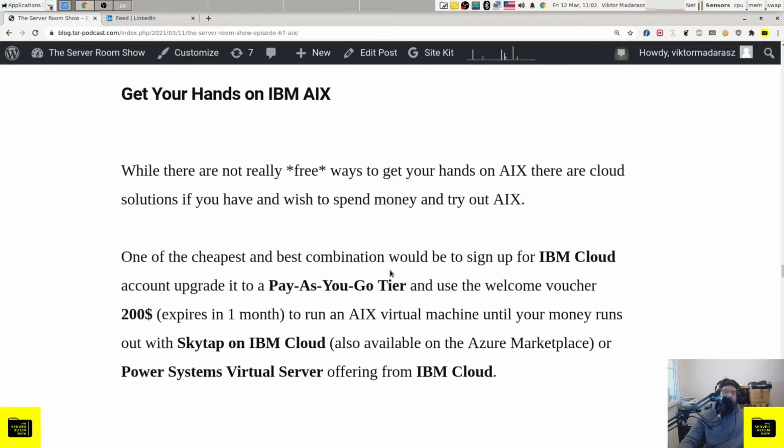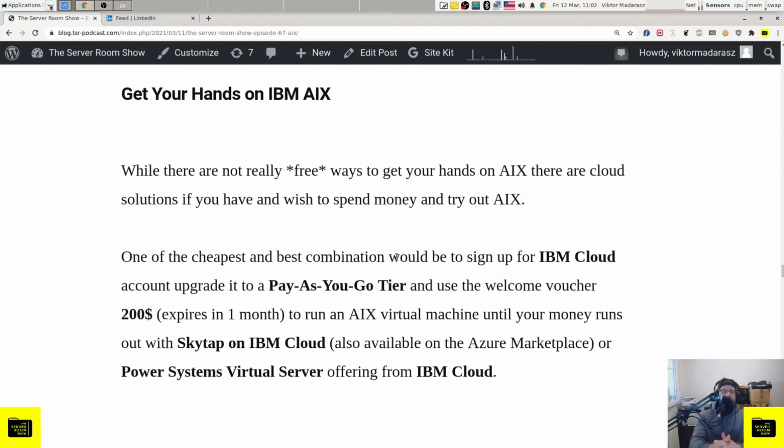My experience with QEMU was that if you want to learn and get more experience in AIX, then QEMU is not the way to go, unfortunately. Maybe one day it will be, but not just yet. It's getting there, but not just yet.